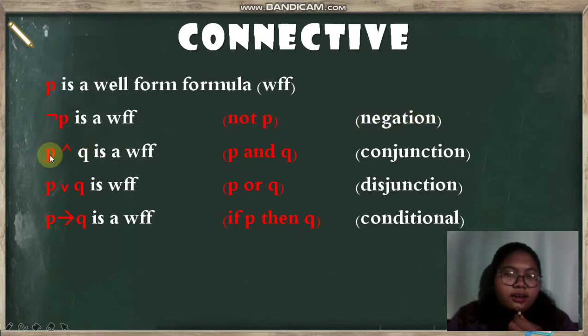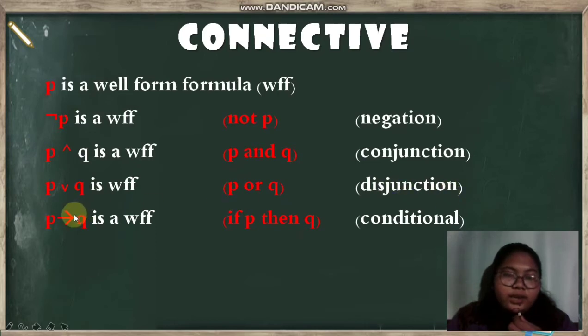Then there is P and Q. These symbols are read as P and Q, and it's called a conjunction. Then we have P or Q. These symbols are read as P or Q, and this is a disjunction.